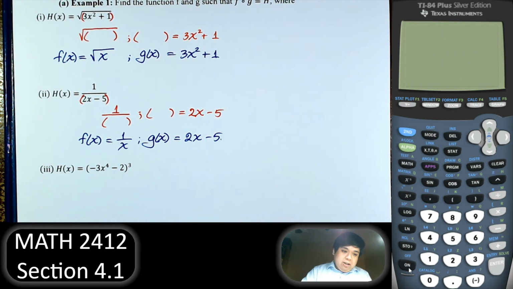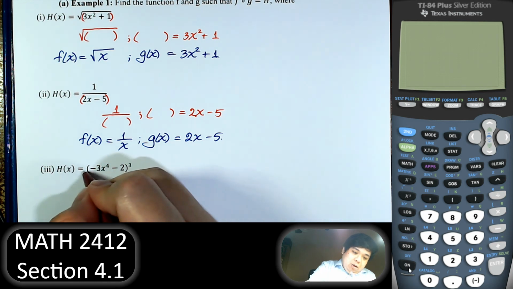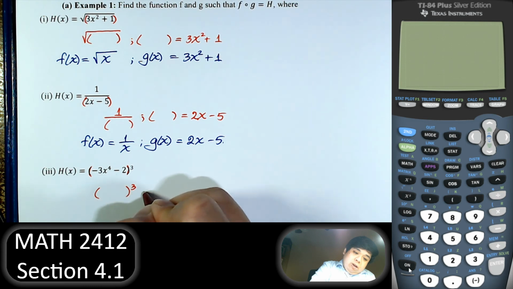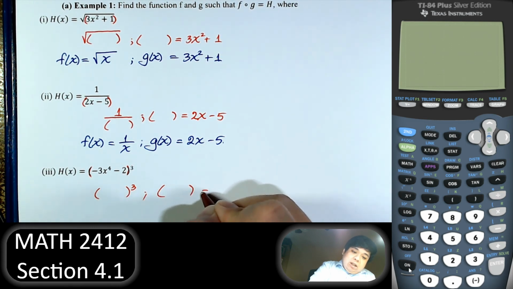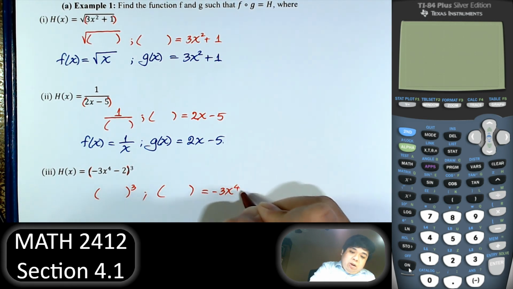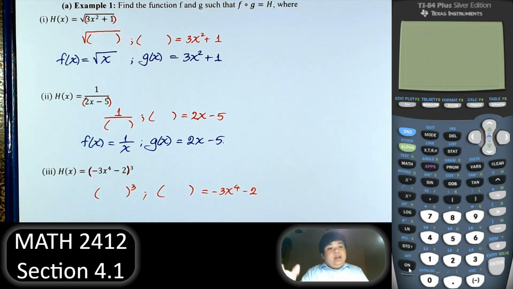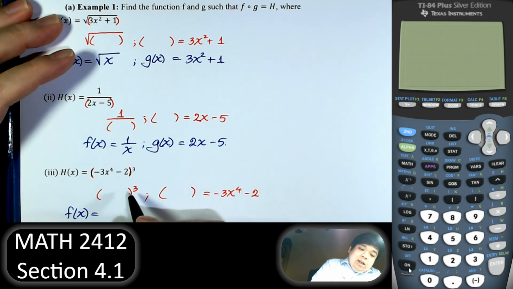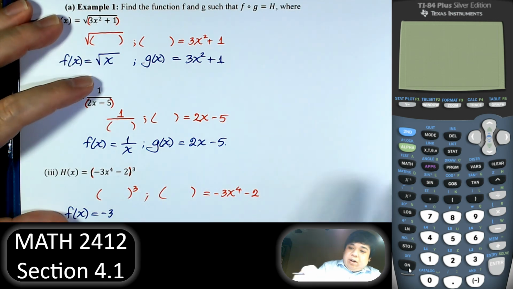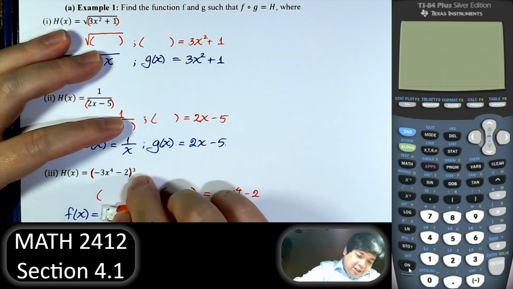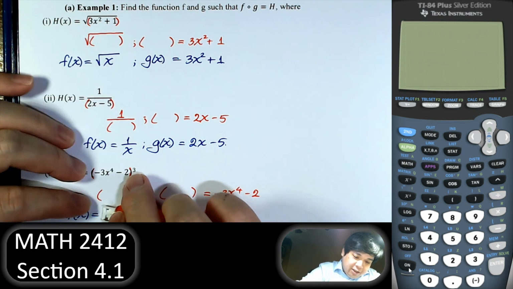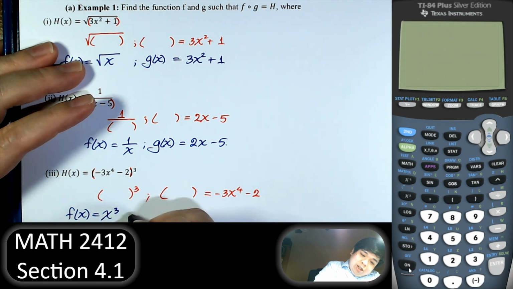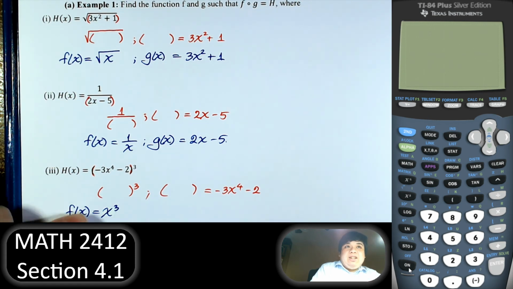Next we have this. Of course, we have the parentheses already, which is good. We have the parentheses cubed, and then the parentheses is equal to negative 3x to the fourth minus 2. So we have two functions. Something cubed, so just say something cubed, let that something be x.